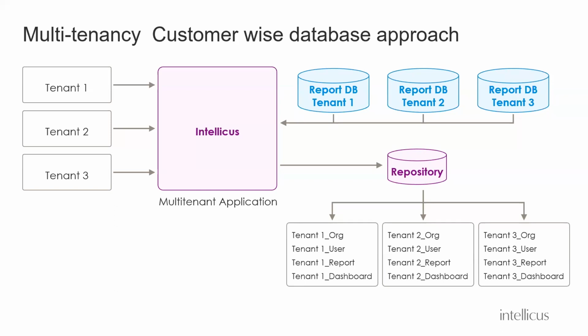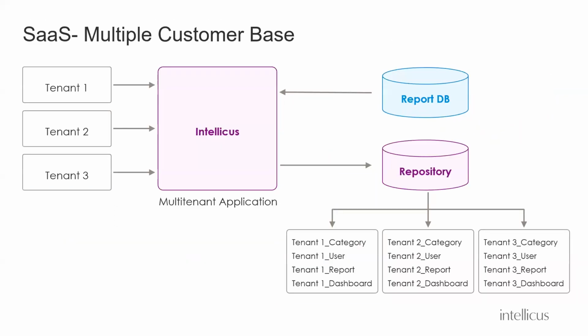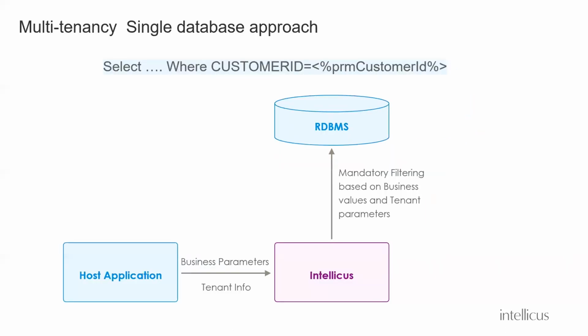Hence, data isolation is maintained here. Second approach of multi-tenancy is using single database approach. Here access can be provided only on required data by passing business parameters to filter your data as per requirement.